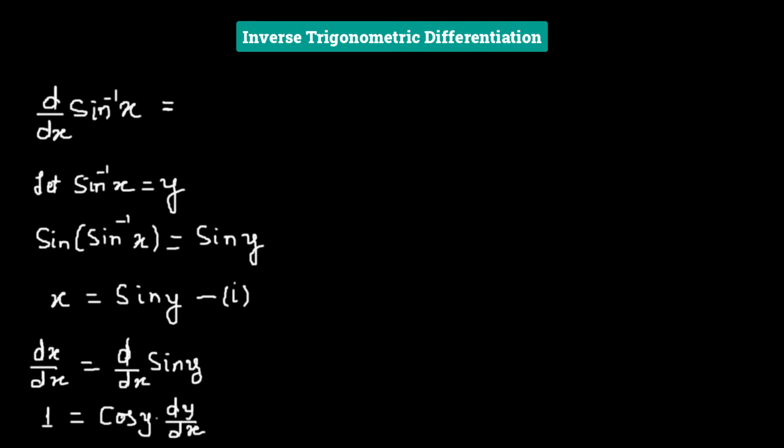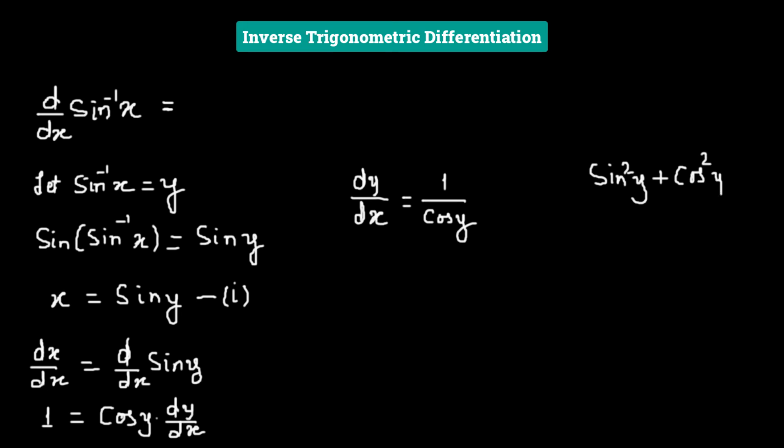So this is going to give us, rearranging the terms, dy over dx equals 1 over cosine of y. Now we are going to use the identity that sine squared y plus cosine squared y equals 1. So from here we'll get cosine squared y equals 1 minus sine squared y.